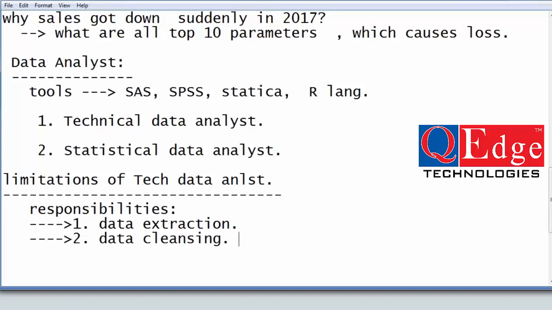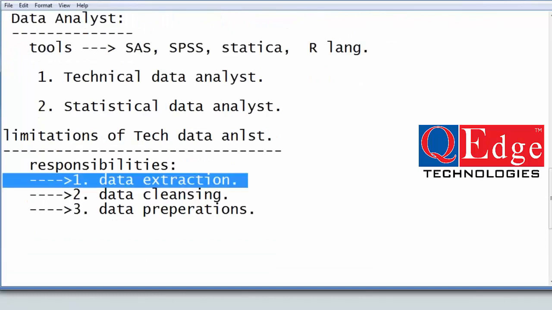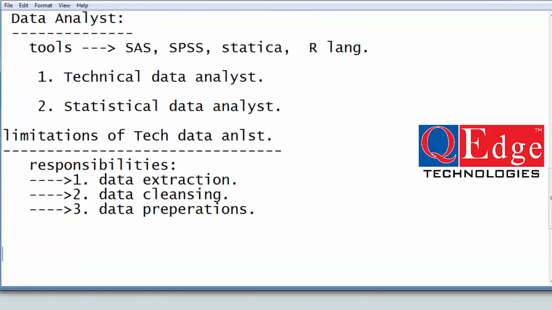We will discuss what is cleaning and what is cleansing. And the third one is data preparation. Okay, let's take the first role, sir. From the data extraction point of view, I will explain what kind of problems the traditional technical data analyst will be facing by using some example.